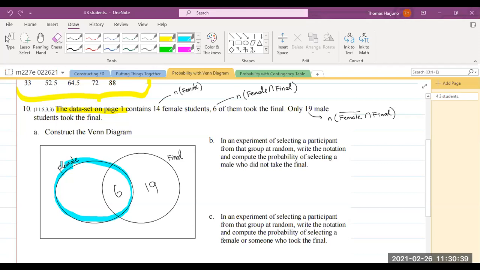Six of them took final, then 8 of them did not take final. But there's still one number missing, the one outside of the female circle and also outside of final. The interpretation is that's the one not female and not taking final, the number of males not taking final.